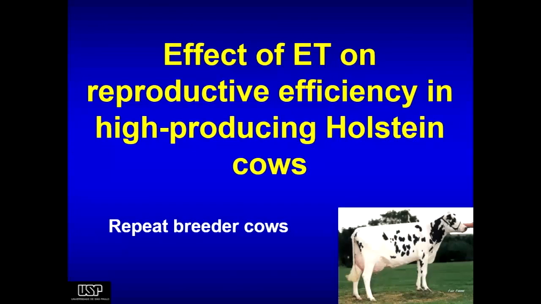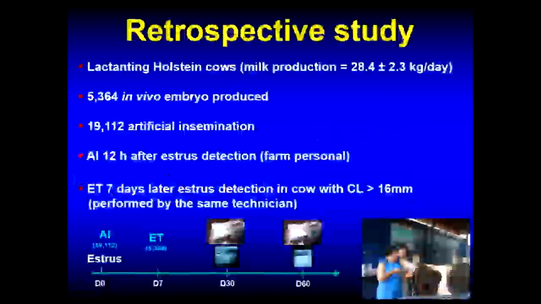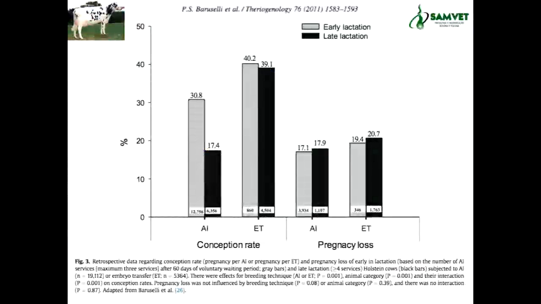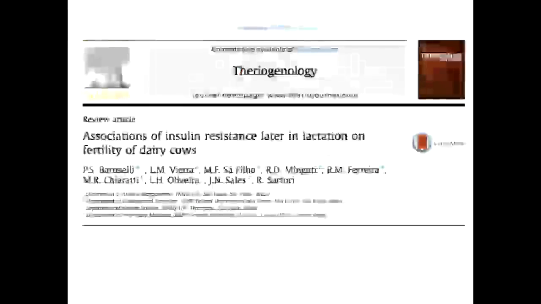So what we are doing, I showed you yesterday, we are doing AI or embryo transfer according to the phase of the lactation. Just to show you the data that I presented yesterday, look, when we transfer the embryos in late lactation or repeat breeder cows, we decrease the conception rate in AI, but probably the uterus is not the problem, because when you transfer the embryo, they have the same conception rate and no difference in pregnancy loss.